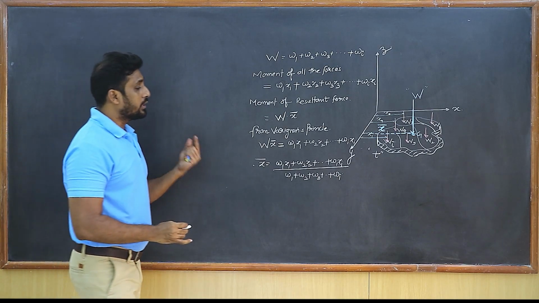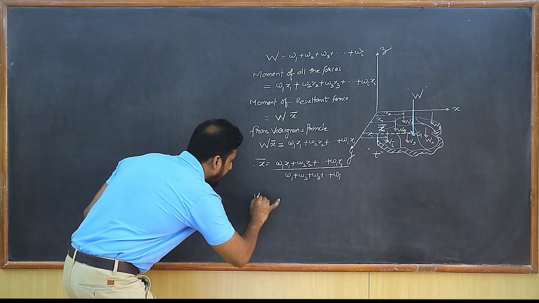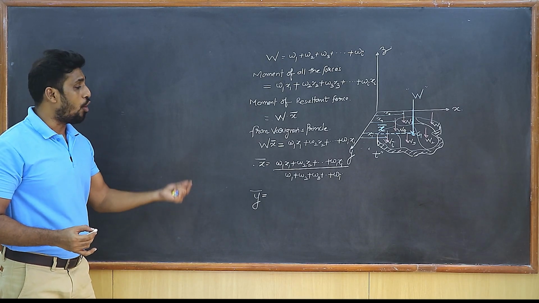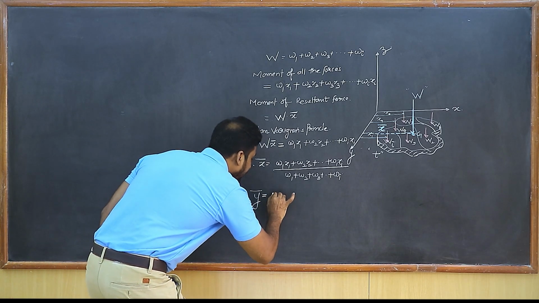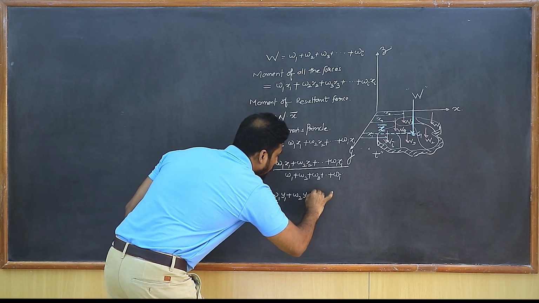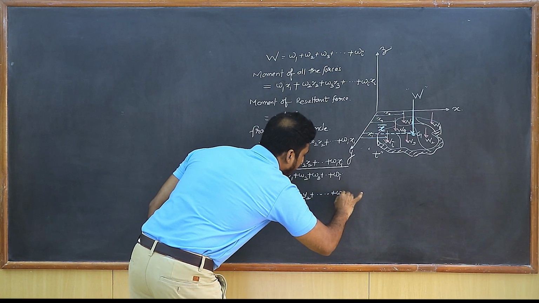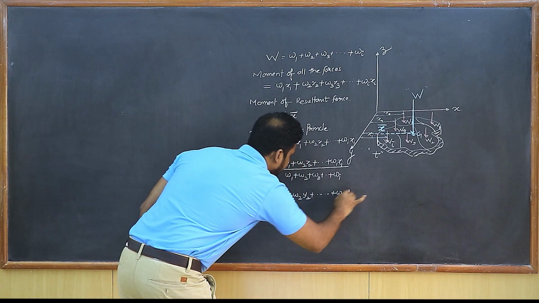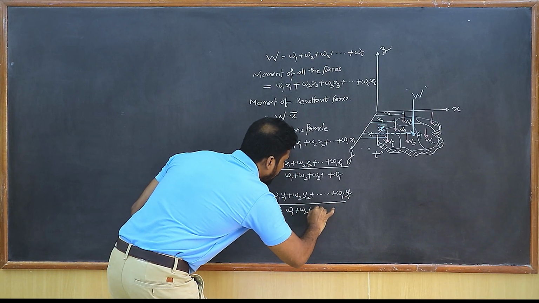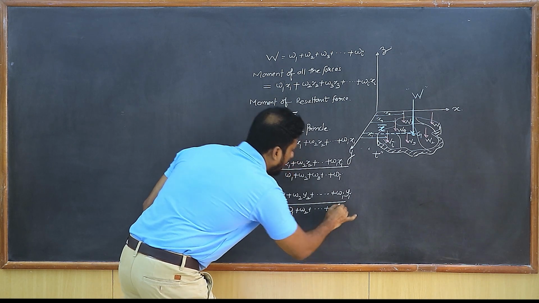Similarly, if I want to write the formula for y bar, y bar is going to be W1 into y1 plus W2 into y2 and so on, till Wi into yi, whole divided by W1 plus W2 and so on till Wi.